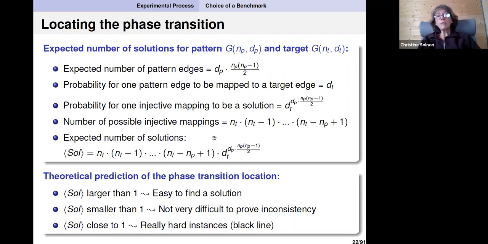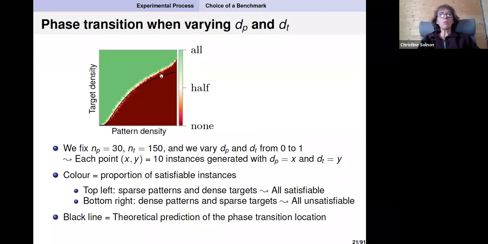So here is the formula which defines the expected number of solutions. And when this formula is equal to 1, this corresponds to the black line which is plotted here. So we can see that this gives us a theoretical prediction of where the really hard instances are.